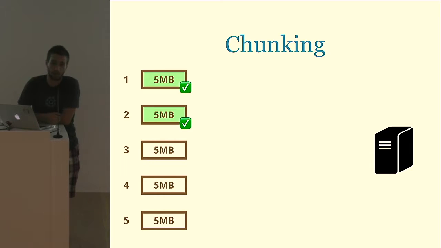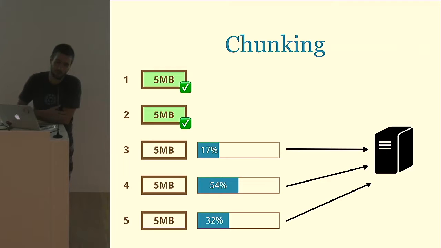And what's really nice is that the client, whatever it is, for example the browser, can just automatically retry that in the background. The user doesn't even have to know that they are on a flaky connection and that they didn't have internet for a short period of time. What's also cool about chunking is that you can upload multiple chunks in parallel, which can improve the overall speed of the whole upload.